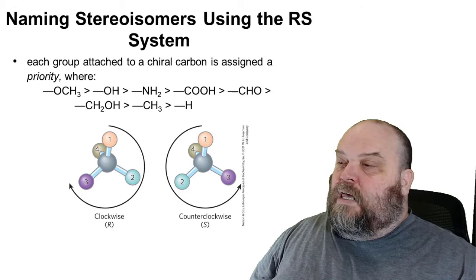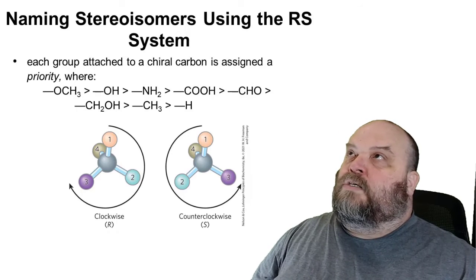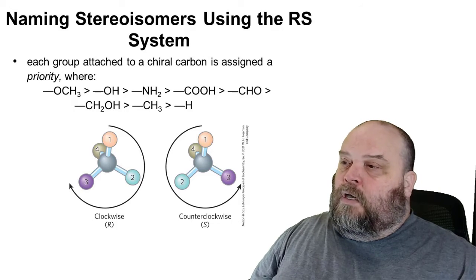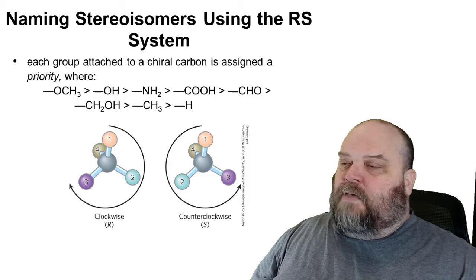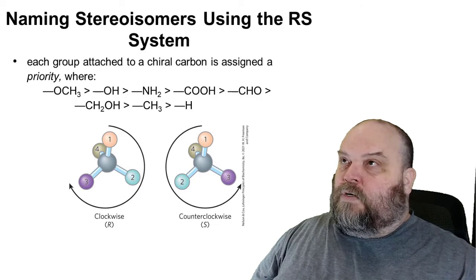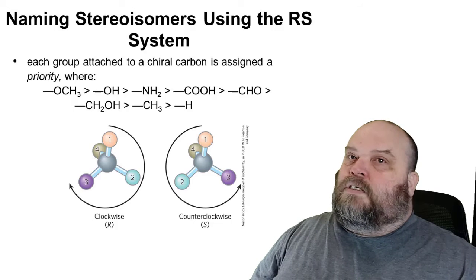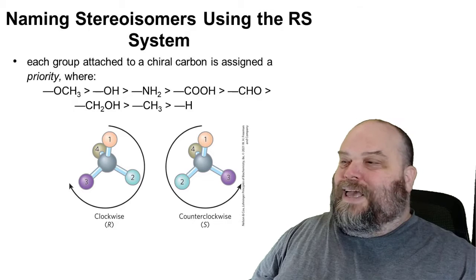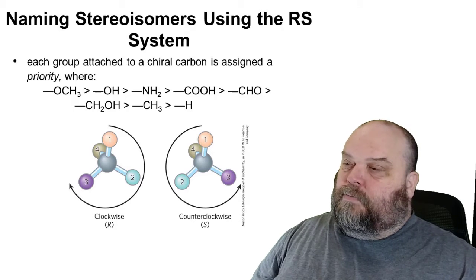So what we see is we have to come up with a way to discuss shape, especially with enantiomers. You'll see this in a lot of biochemical as well as biological papers when they're discussing different substrates, different compounds. R something, S something.